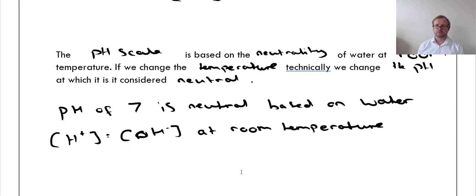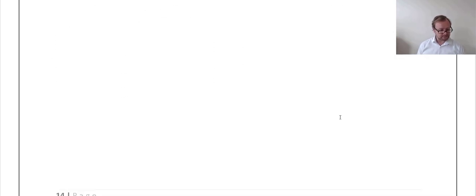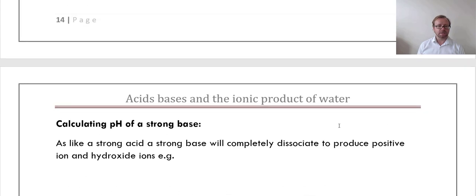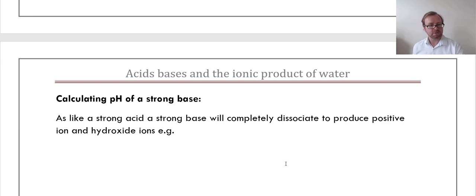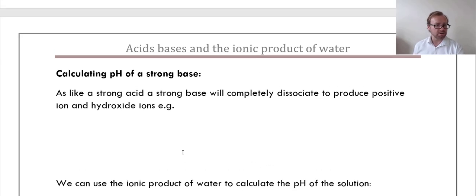Okay, right, so we are now going to move on to our last part. So calculating the pH of a strong base. As with a strong acid, a strong base will completely dissociate to produce positive ions and hydroxide ions, e.g. we'll use the same example as we used earlier.